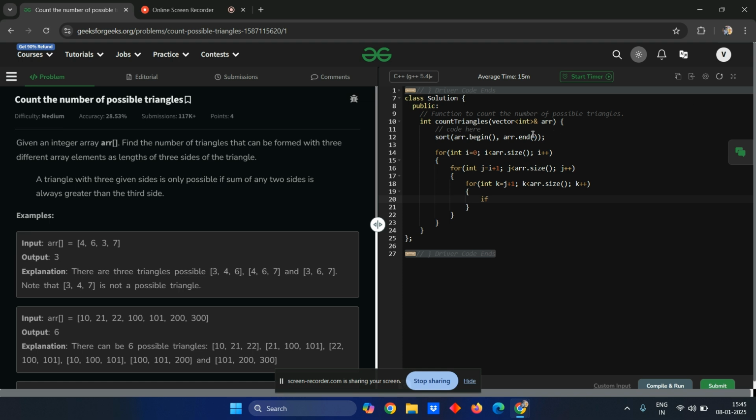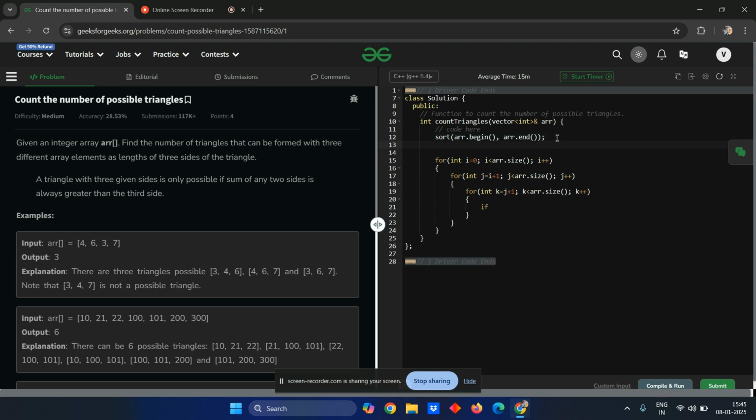Since I've already sorted my array, now I make a count variable which basically counts how many possible triplets can create a triangle. We have declared it as 0, and if the sum of the first side, array of i, and the second side, array of j, the two sides with given lengths, is greater than array of k, the third side, then we can simply do count plus plus.